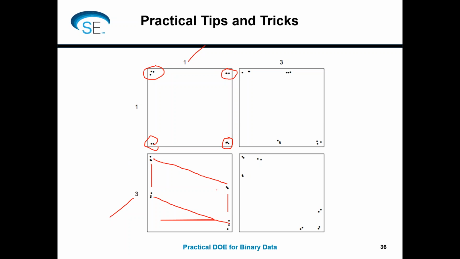They're arranged in this way. And the runs are jittered here; these should all be on top of one another, they just move them around a little bit so you can see the replicates. But notice how this corner is empty, this corner is empty. Same situation if you have 3 and 1, except it's this design rotated.